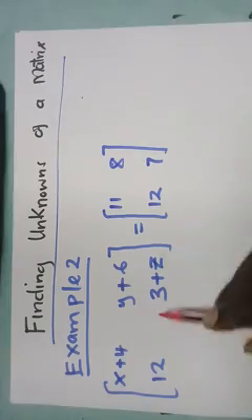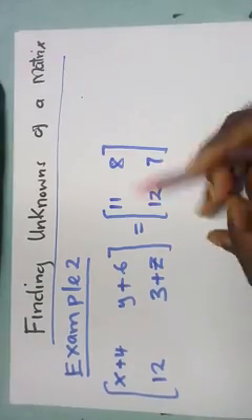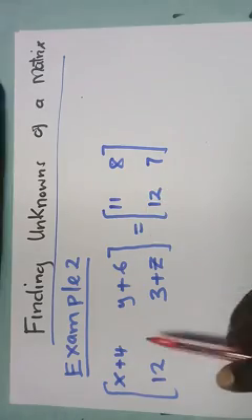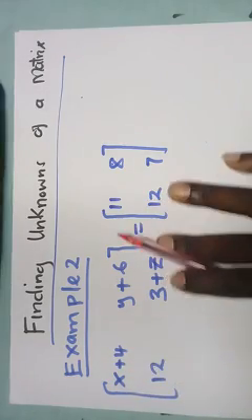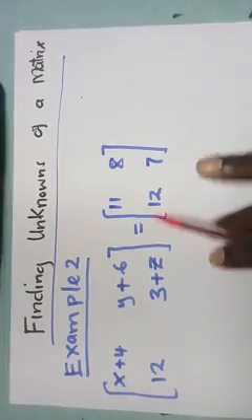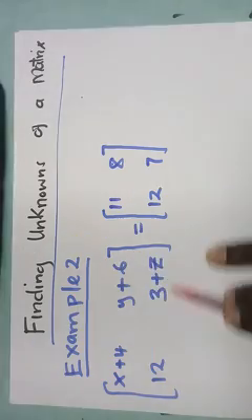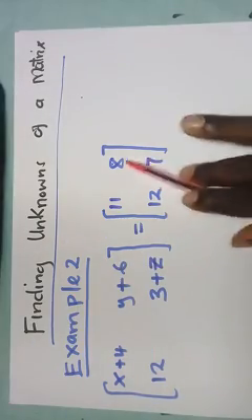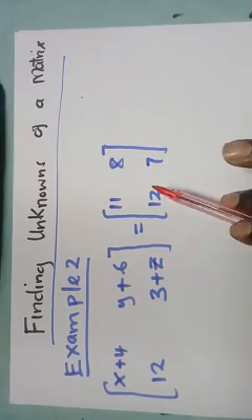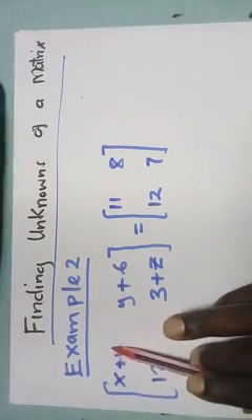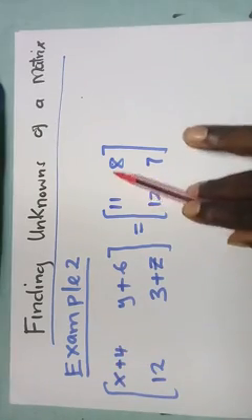We are told that this matrix is equal to this matrix. Therefore, it means that if this matrix is equal to this matrix, the elements must also be equal.